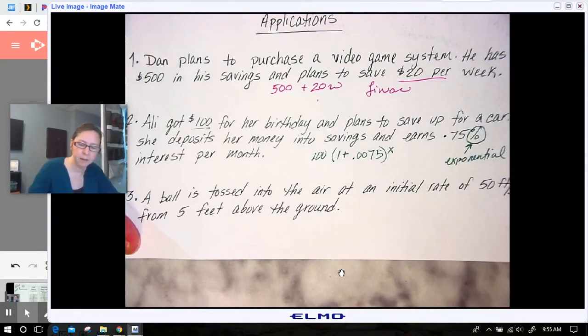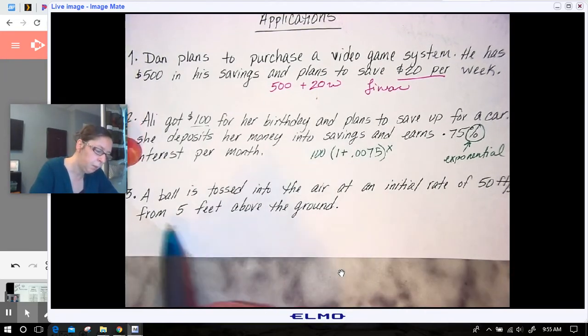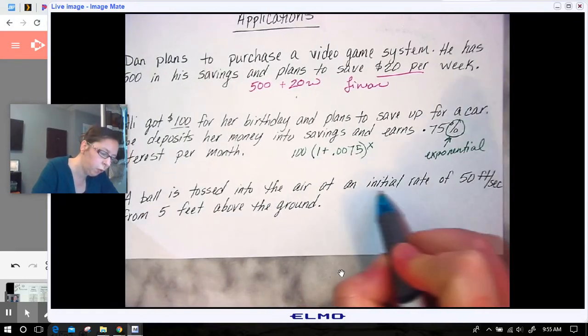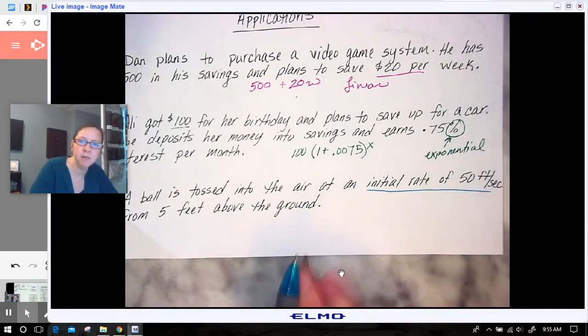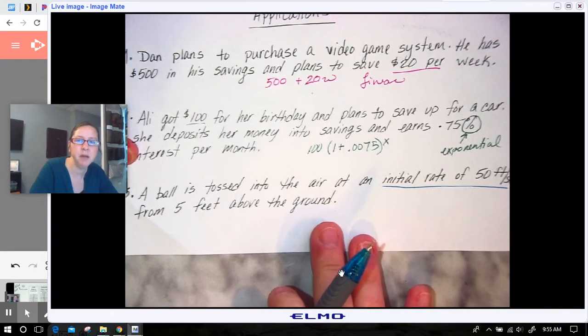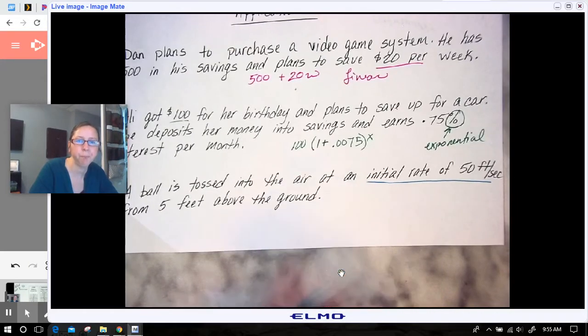Let's look at our very last example before you start your practice problems. A ball is tossed into the air at an initial rate of 50 feet per second from 5 feet above the ground. So this is going to be quadratic.